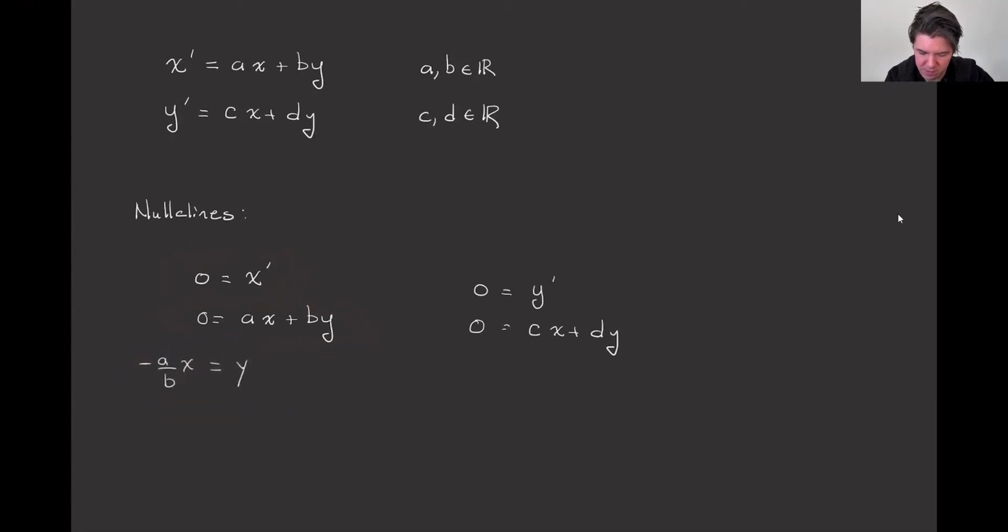Subtracted ax from both sides, divided by b, provided that b is not equal to 0. And then the same thing over here with y prime equal to 0. We have negative c over d times x is equal to y, provided that d is not equal to 0.